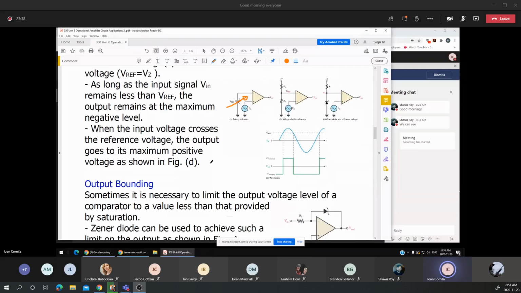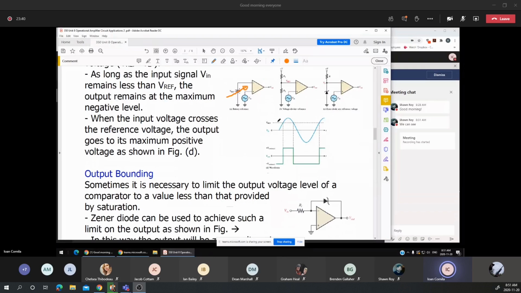Now, what is the output? Again, if the input voltage is greater than the reference voltage, it will change the state of the output of the op-amp. In the same way, if the input voltage is less than the reference voltage, being a non-inverting amplifier, the output voltage goes lower, or it will be the maximum negative voltage.